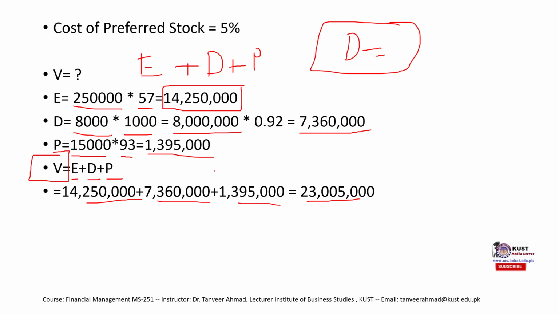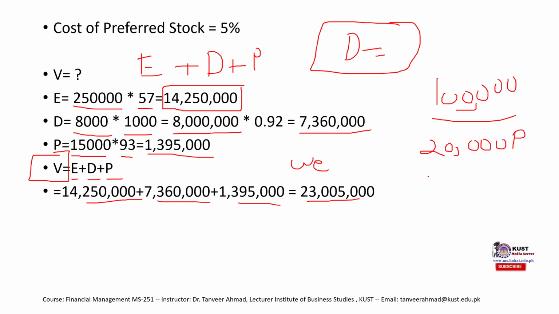But in the Wacc formula, if you remember, we add the weight of E, rather than the amount. What we need to do is divide each amount. So for example, if a company raises 1 lakh rupees to start a project, out of this 1 lakh rupees, 20,000 would come from, say, preferred stock, 30,000 would come from, say, debt, and 50,000 would come from, say, equity.